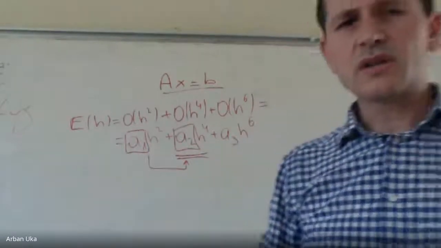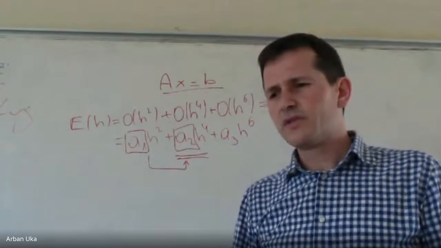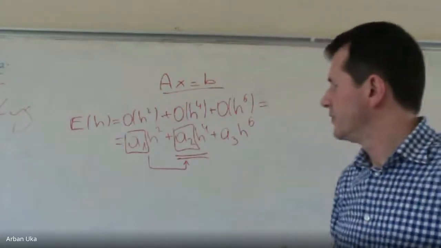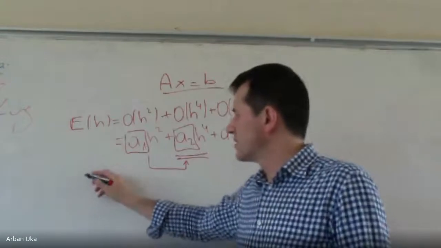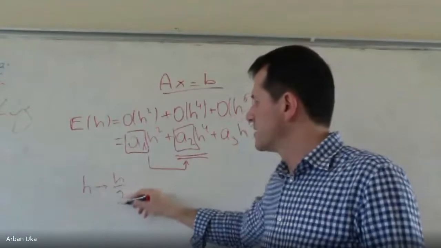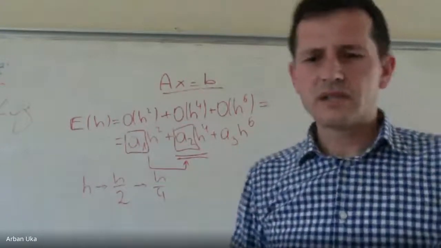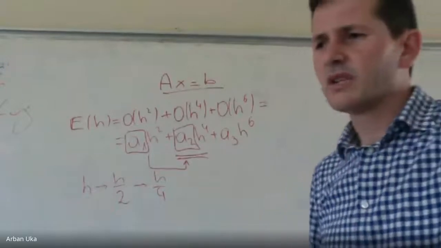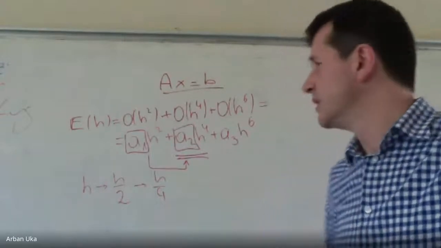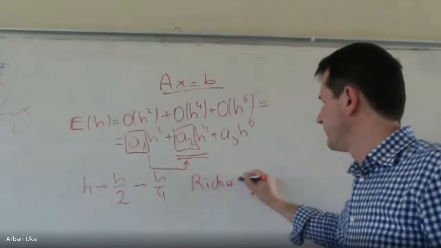We learned how we can do this in a series of iterative approaches, and these improvements follow as h progressively gets smaller and smaller by a factor of 2. Okay, so remember this, the Richardson extrapolation.